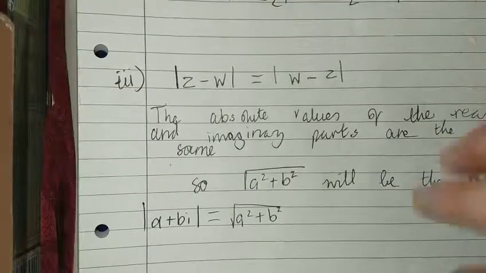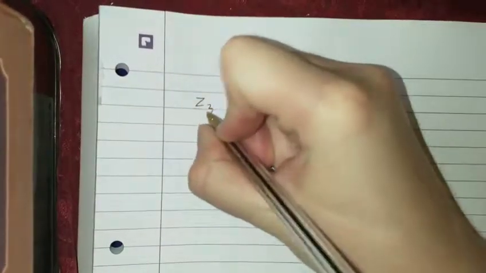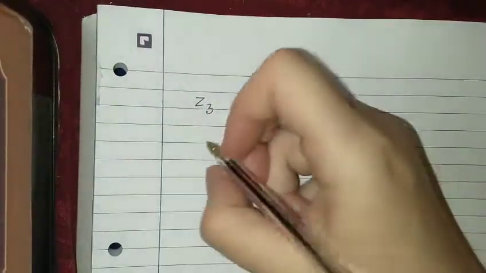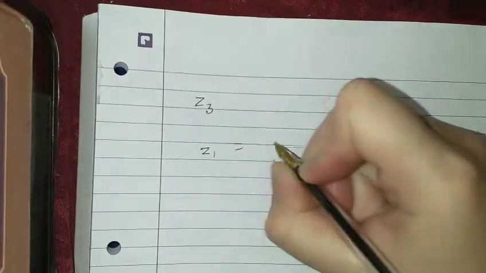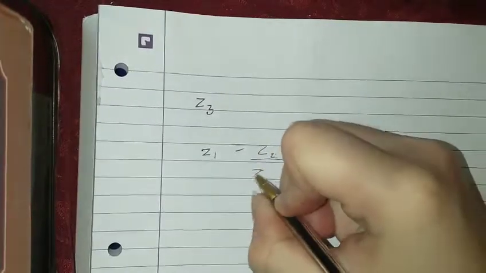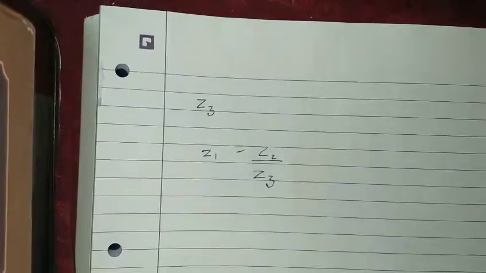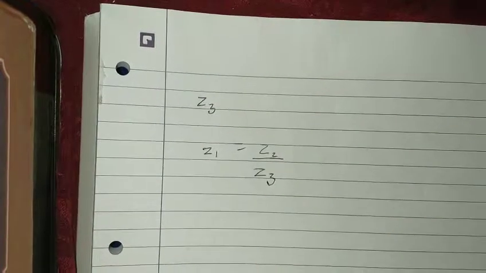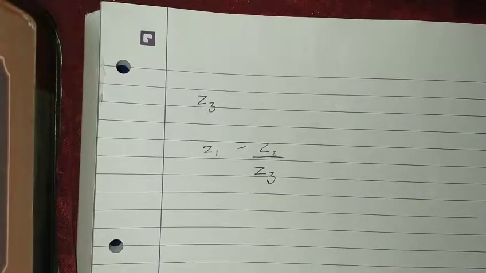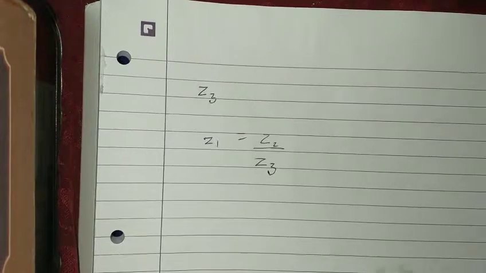So then in the next part, we're asked to find a complex number z3 such that z1 is equal to z2 over z3. Because I want to find z3, I'm going to rearrange this formula to get z3 by itself.